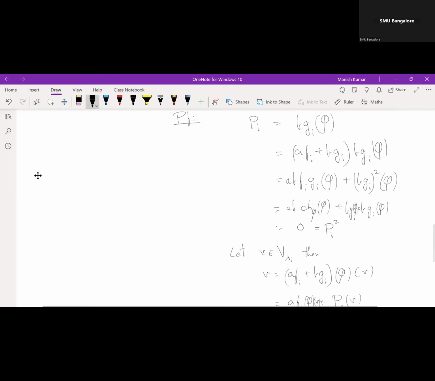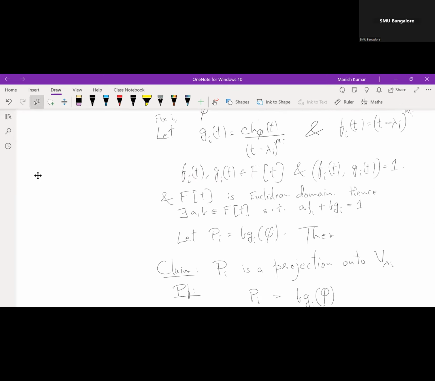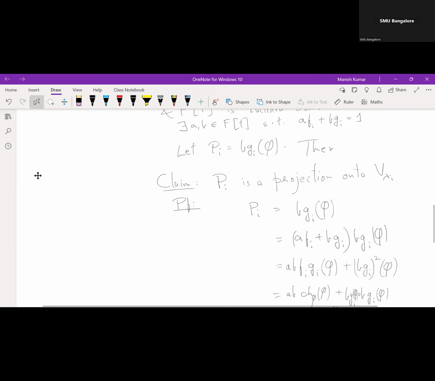I'll put this down as homework: if the characteristic polynomial is of the form t minus lambda I power mi times a remaining part that is coprime to t minus lambda I, then you just need the mith power to kill all the generalized eigenvectors.